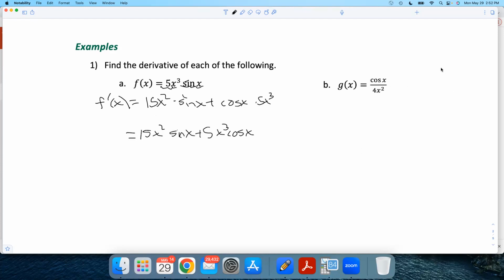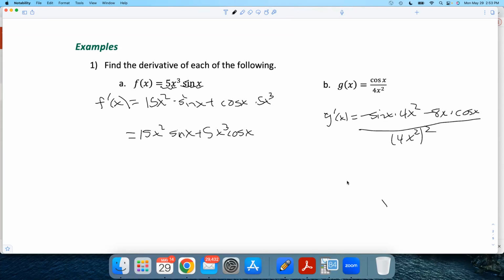Okay, what about here? Here I've got a quotient. So this is my top and the bottom. Then the derivative of g here will be derivative of the top. The derivative of cosine is negative sine of x times leave the bottom alone, minus take the derivative of the bottom times leave the top alone, all over the bottom squared.